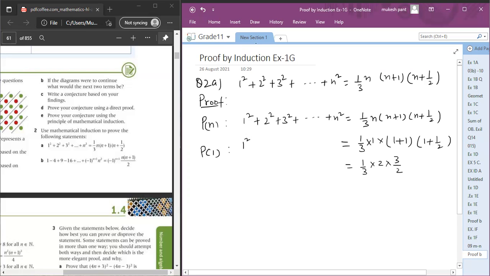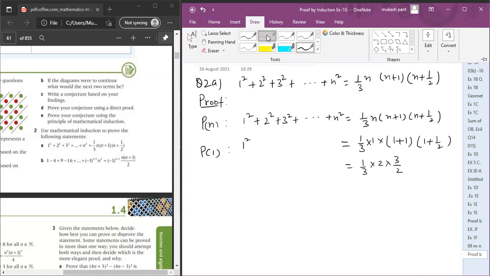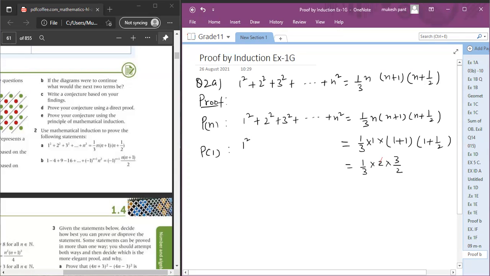Am I correct, guys? Yes, 2 will cancel 2, 3 will cancel 3. Now what is the result? This is 1. We are getting 1. Now you can see this is true: Pn is true for n equals to 1.